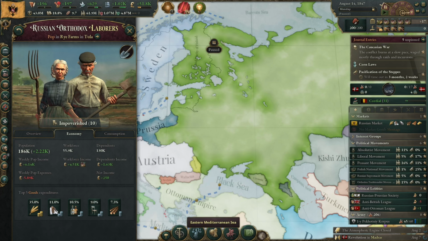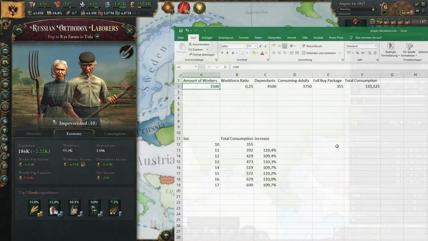Let's do some calculations to get a feeling for when labor-saving production methods induce more demand into the market. Here's a small Excel sheet for some calculations. When we have 1,500 working adults and a workforce ratio of 25%, then we have 4,500 dependents.